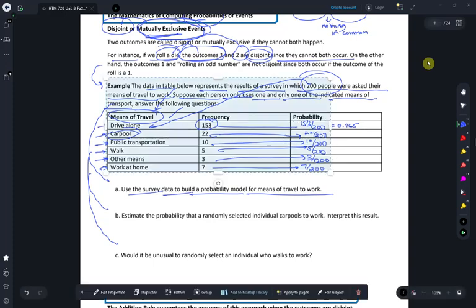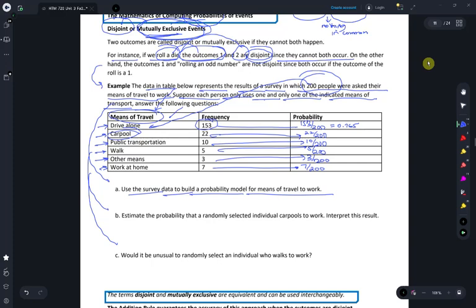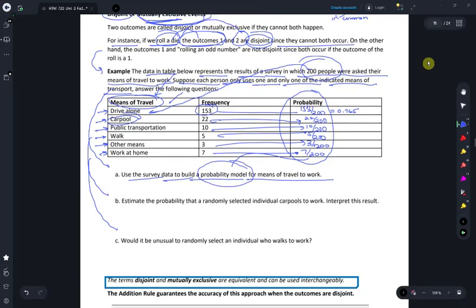Notice that each of these probabilities is a number between 0 over 200 and 200 over 200. And the sum of all of these probabilities is 1. So this is definitely a fitting description of a probability model. Based on this probability model, we consider part B of the question.